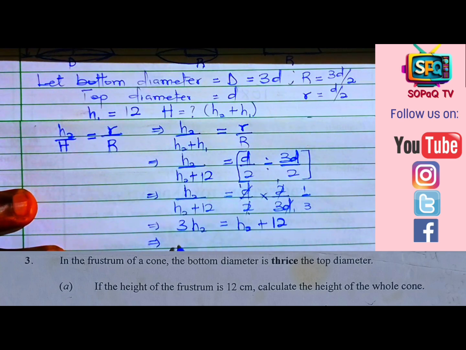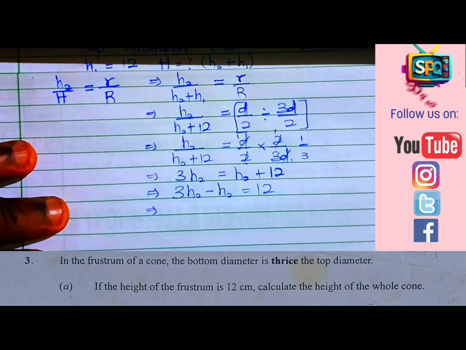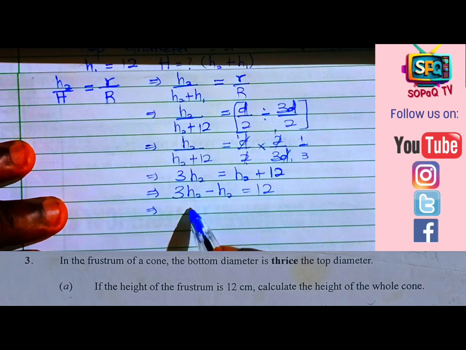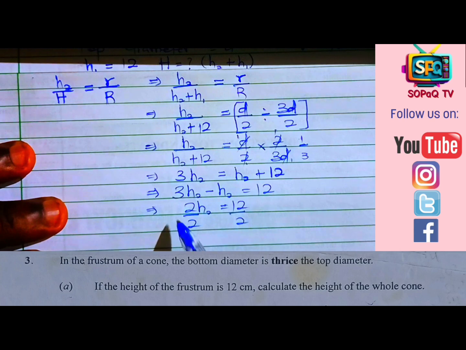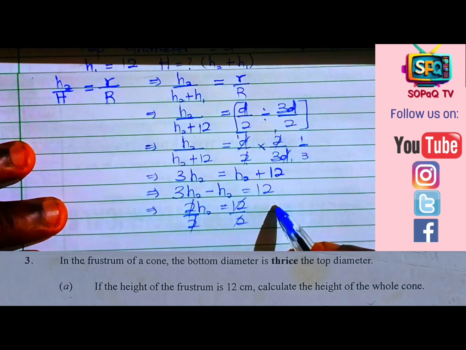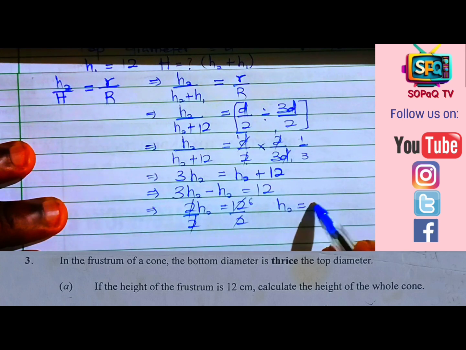So we now group like terms. 3h2 minus h2 equals our 12, where 3h2 minus h2 will give us 2h2 equals 12. You divide both sides by 2. 2 cancels 2, and 2 into 12 is 6. So our h2 gives us 6.